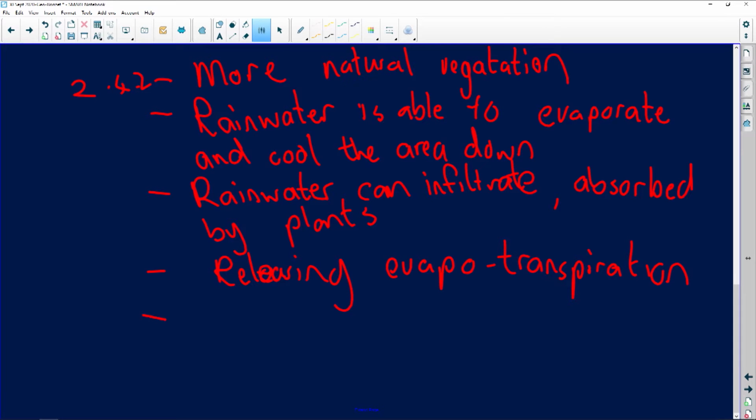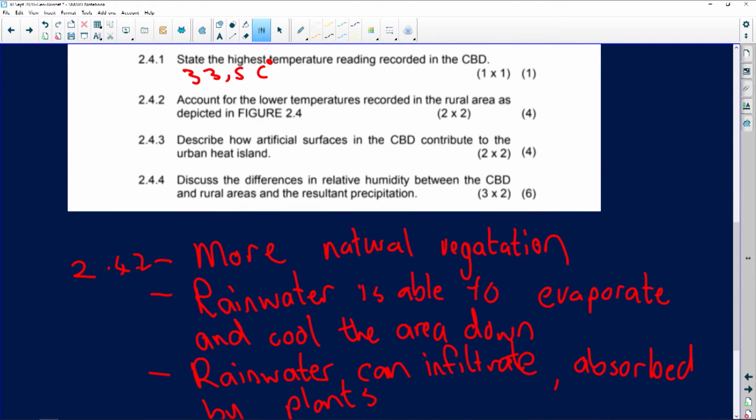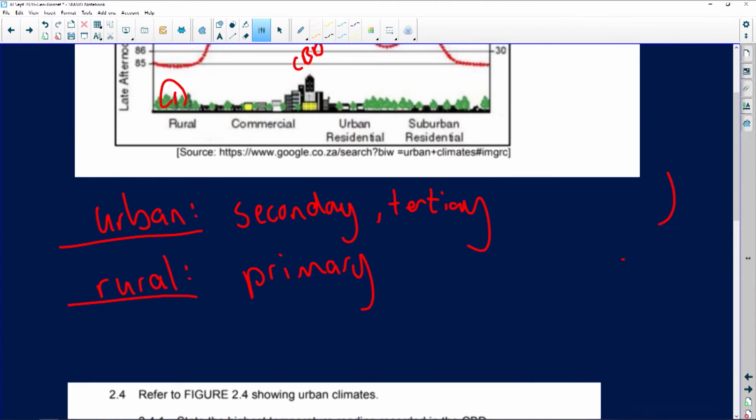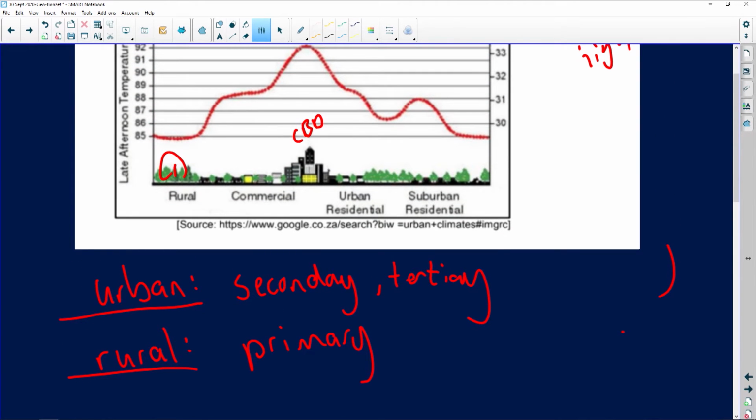Now if we go back to our diagram, first of all, think of the activities that are taking place. So I've mentioned the urban areas, the CBDs. There's so much more activity taking place. Now, when we think of activities, we're adding more heat. A simple example: if you think of an air conditioner, yes, it makes it nice and cool during the day.